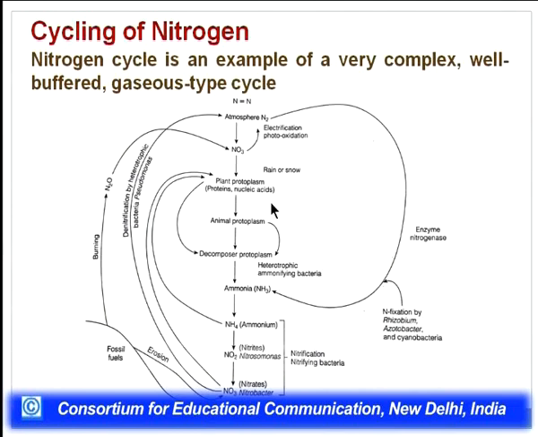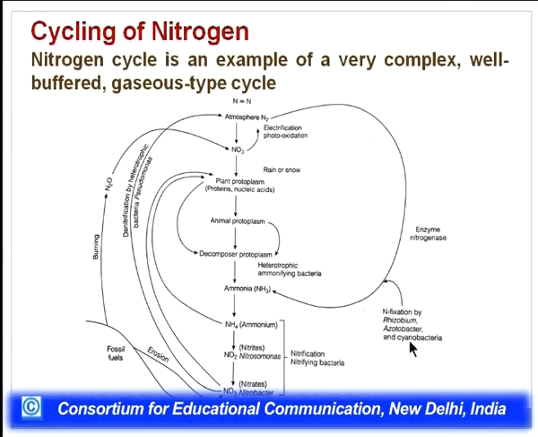So in the plant, whatever amount of nitrogen is stored, for example, in the leguminous plants, they contain these bacteria in their root nodules, which have the capacity to fix atmospheric nitrogen. This kind of nitrogen fixation, called biofixation, is done by a variety of bacteria. They tend to fix the atmospheric nitrogen in the form of ammonia. Atmospheric nitrogen can also be fixed by other physical mechanisms such as rain or lightning.